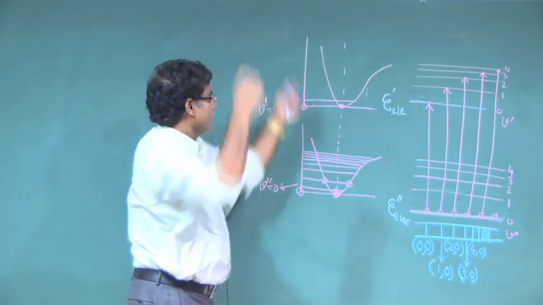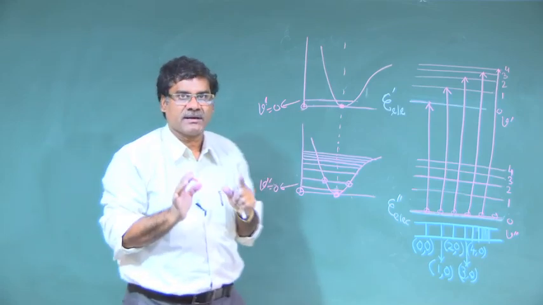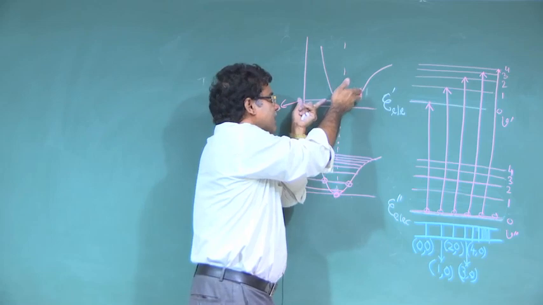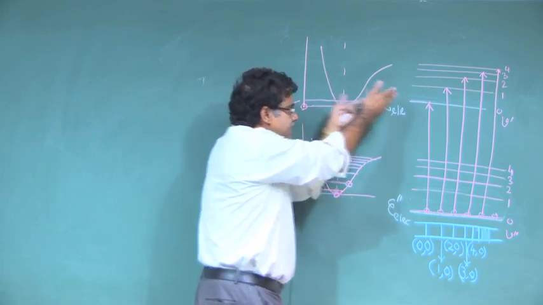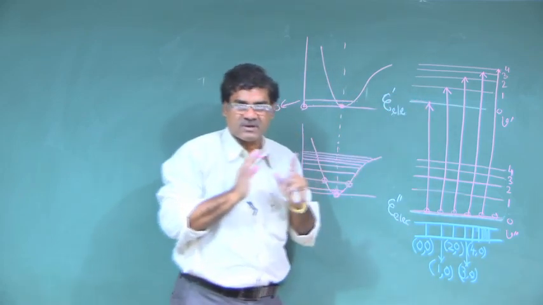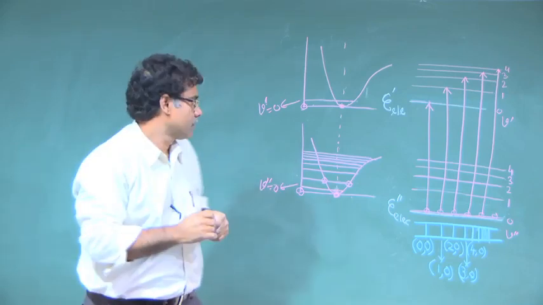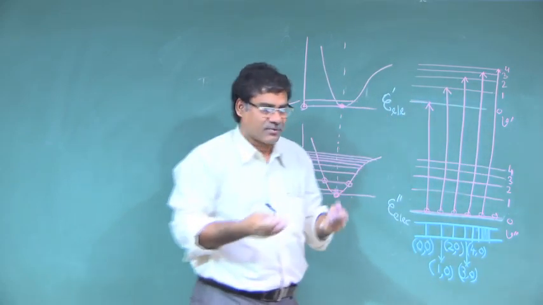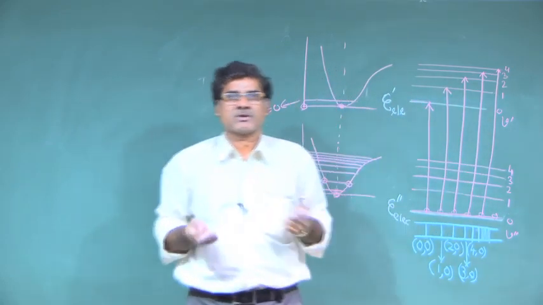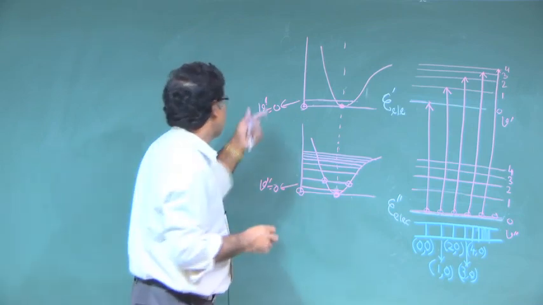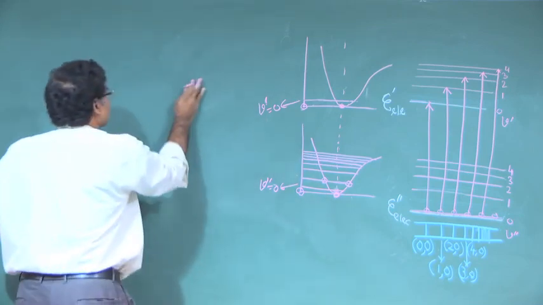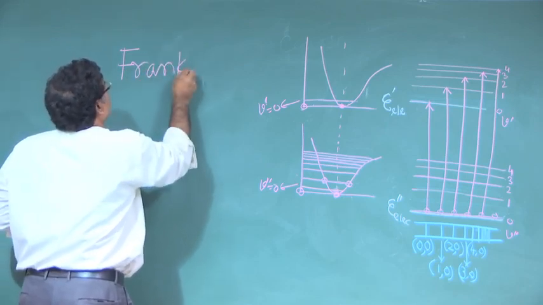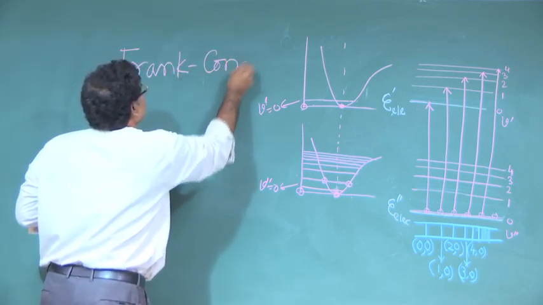Now, if we consider that this will be the vibrational energy state in this electronic state, then all transitions are possible, the way I have told. But here there is a principle called the Franck-Condon principle.